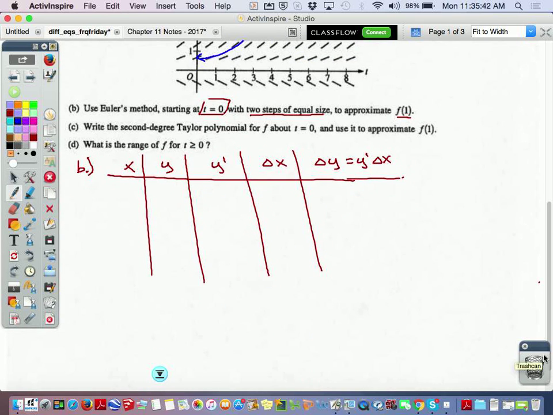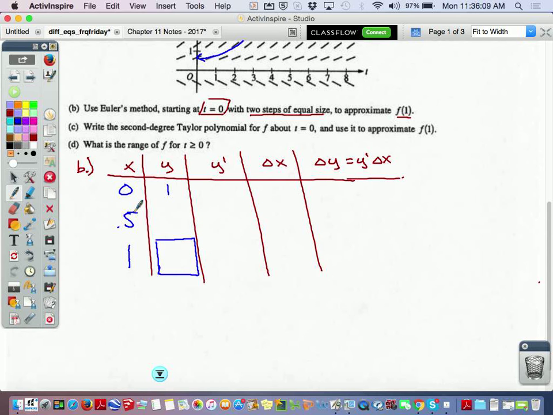We start with 0 and 1, and then our goal is to get up to f of 1 with 2 steps. So I'm going to put a 1 here under the x, and I'm going to put a box in the spot of this y, because that's our ultimate goal. If we go 2 steps of equal size from 0 to 1, that means I'm going to go from 0 to 0.5 to 1.